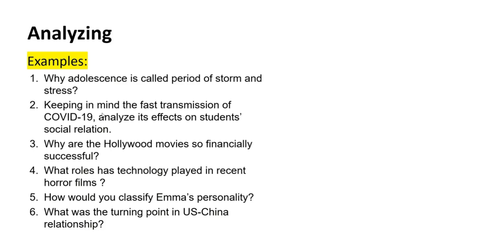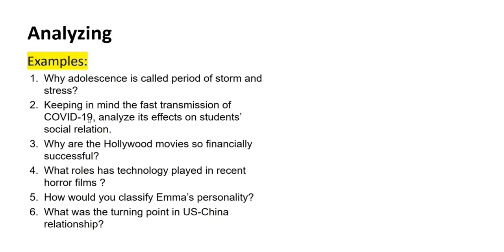Question number 2. Keeping in mind the fast transmission of COVID-19, analyze its effects on student social relation. Now this question, the student would recall the COVID-19 and how the people are dealing with COVID-19 that aims at safety precautions like social distancing and social isolation.